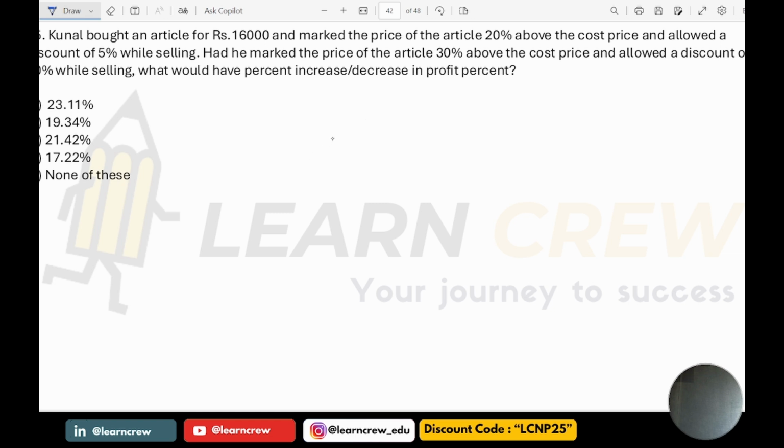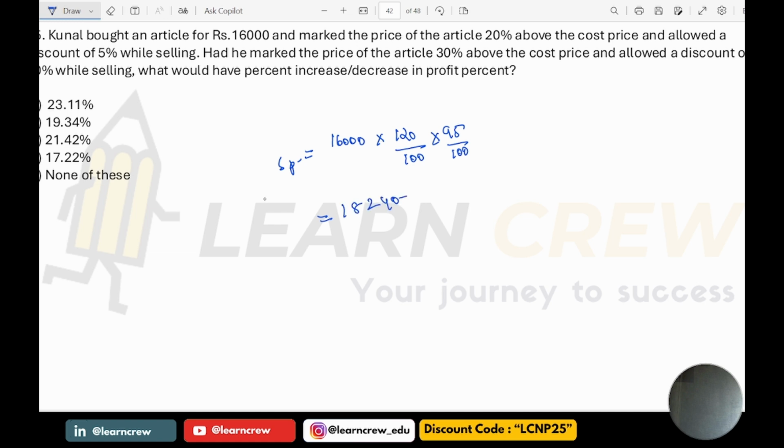So see here, on 16,000, 20% means 120%, then 95% because of 5% discount. So what would have been the final selling price? It is 18,240.